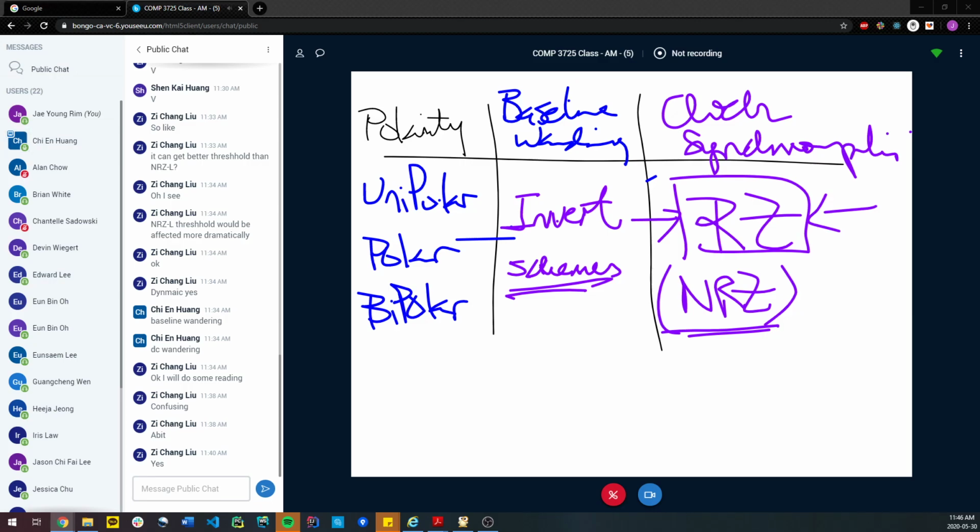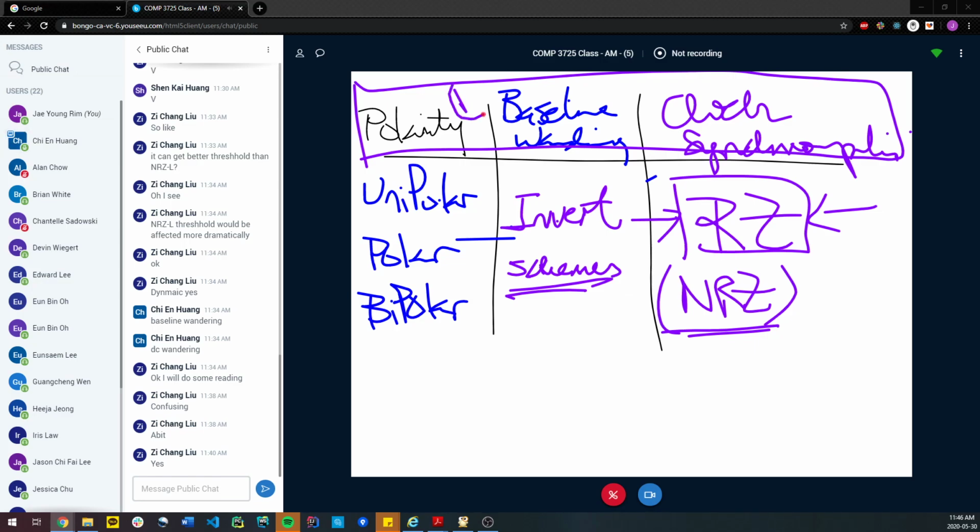So you don't have to memorize the schemes, like being asked to draw a unipolar RZ, and so on. You don't have to memorize whether it's positive to negative or negative to positive. But what you're responsible for is this categorization of all the different phenomena we're trying to deal with and how we deal with them.